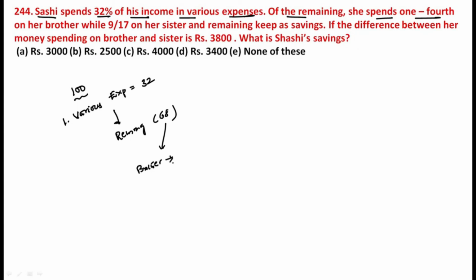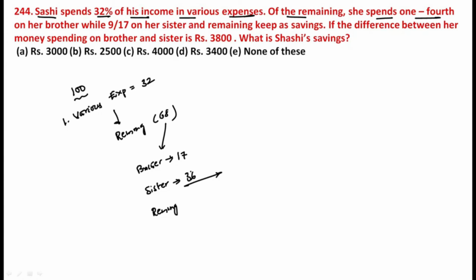Her brother's share is 1 by 4th of 68. 1 by 4th of 68 means 17 parts. And 9 by 17th for her sister. For sister, 9 by 17. 9 fours are 36. And the remaining is the savings. So what is the remaining? Now see, the sum of these two numbers is exactly equal to 36. The calculation.